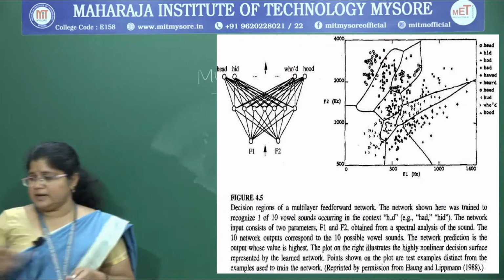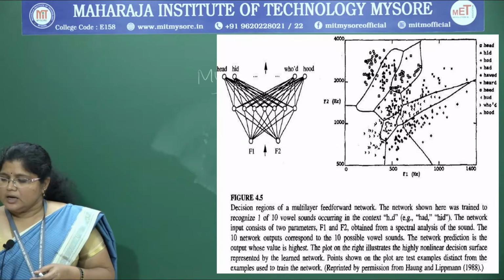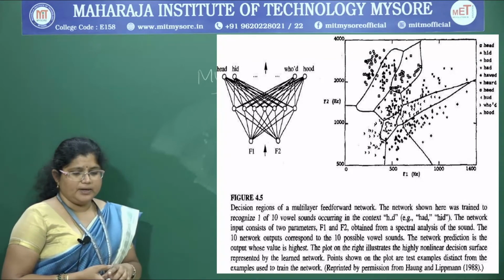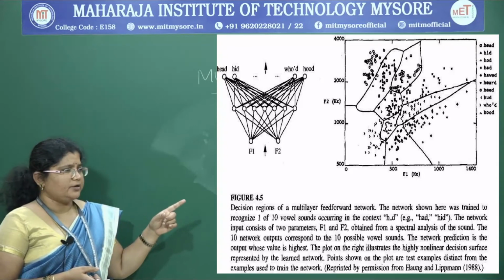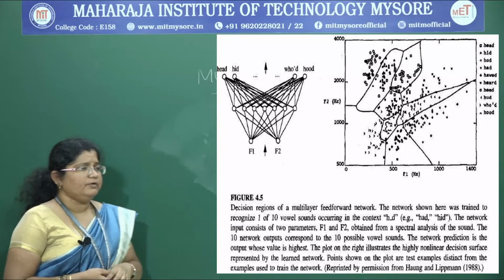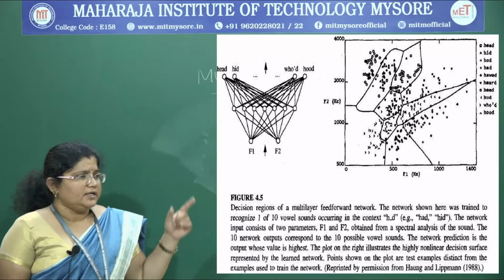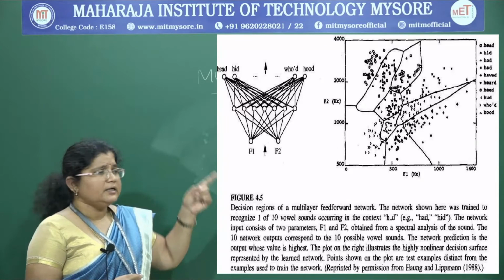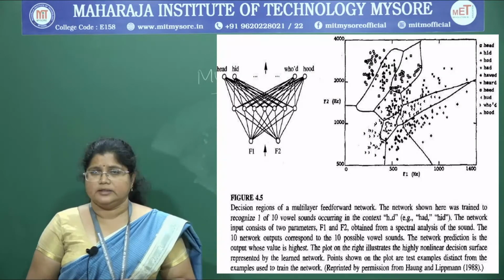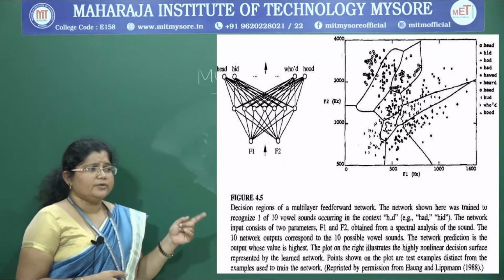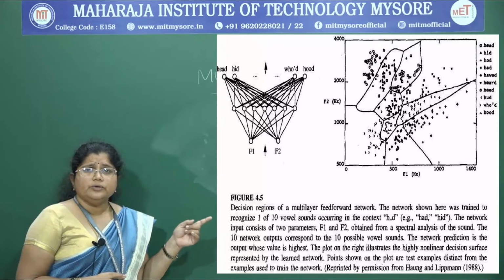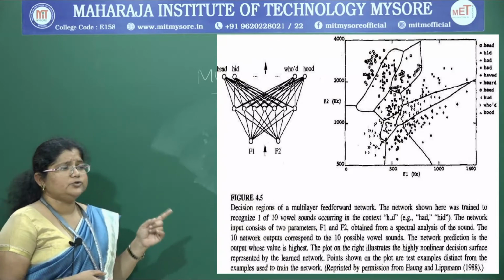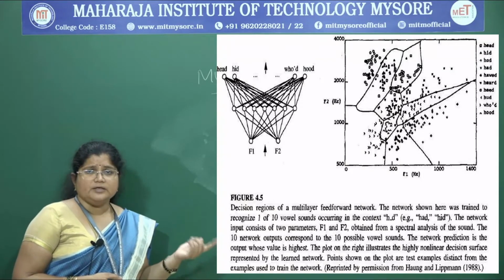In this example, we come across three types of layers: the input layer, the middle one is the hidden layer, and the next is the output layer. The input layer receives two inputs, F1 and F2, the two parameters.